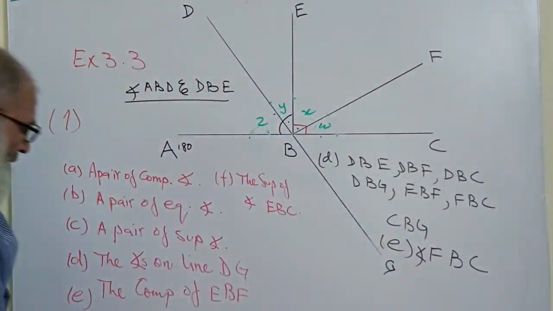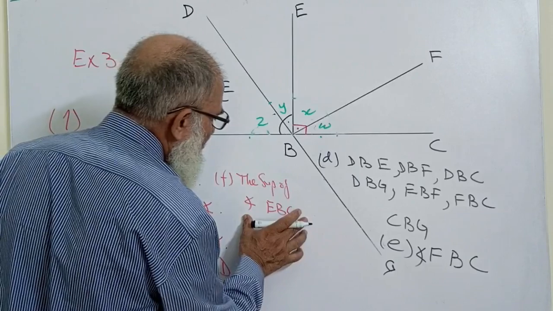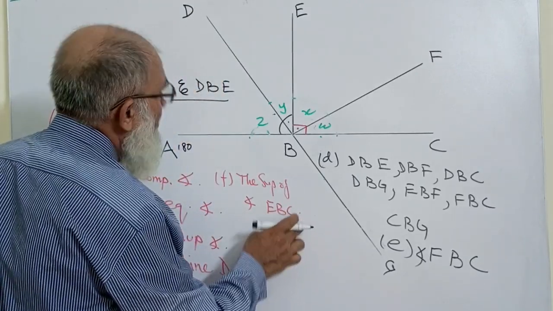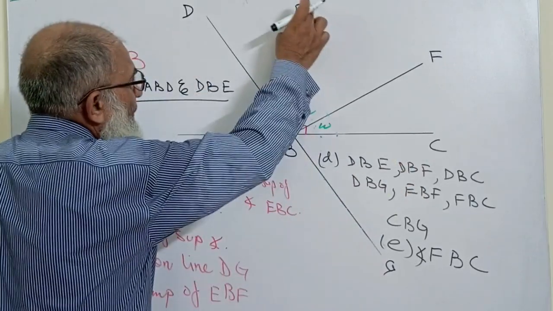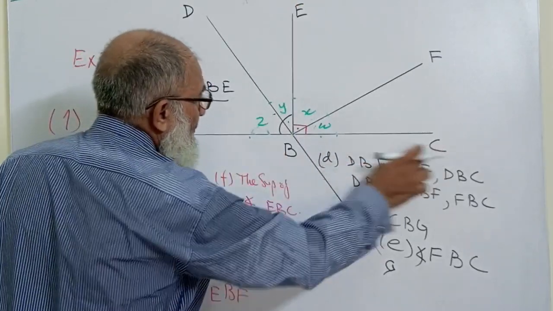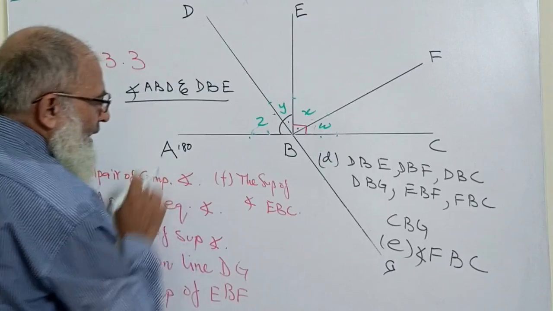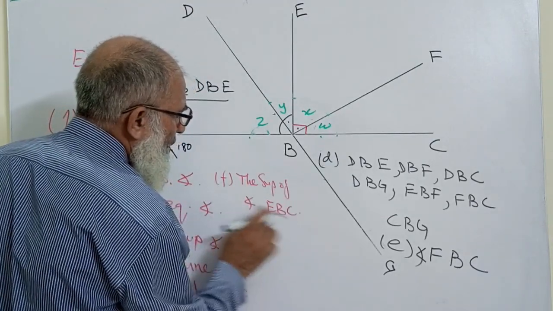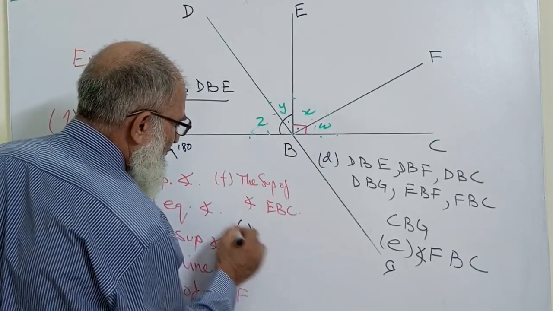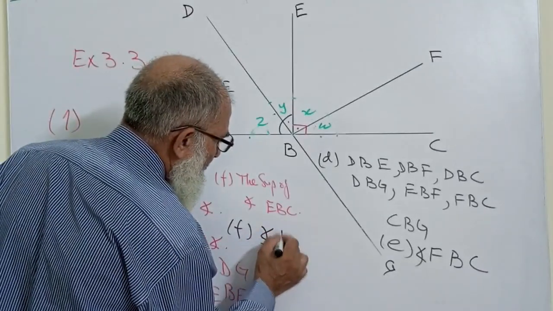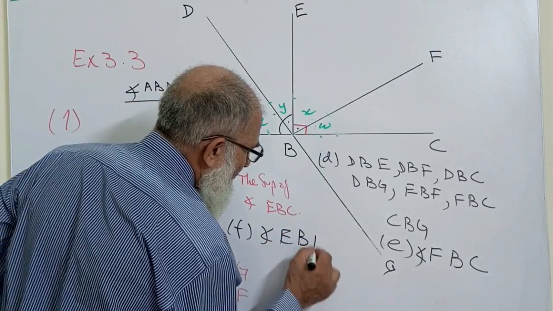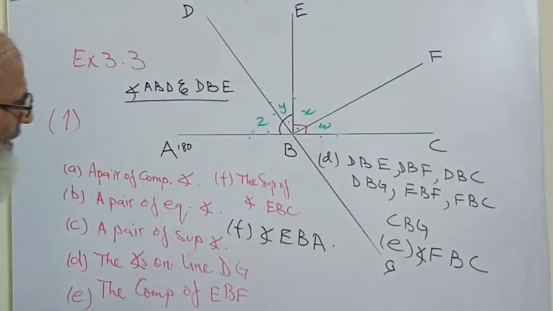The last, part F: the supplementary angle of EBC. The supplementary angle of EBC is EBA. The answer of F is angle EBA.